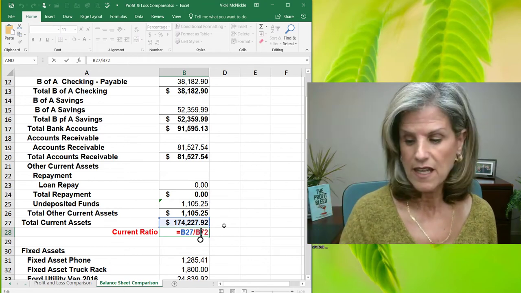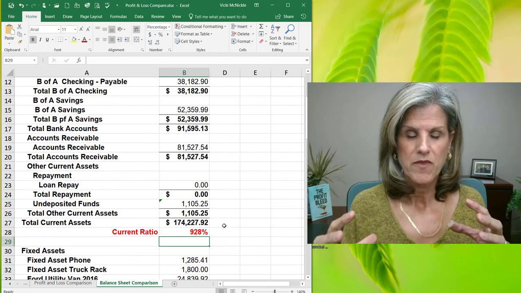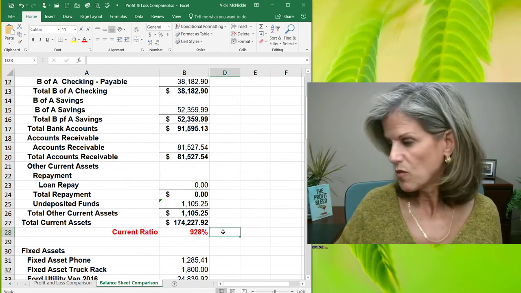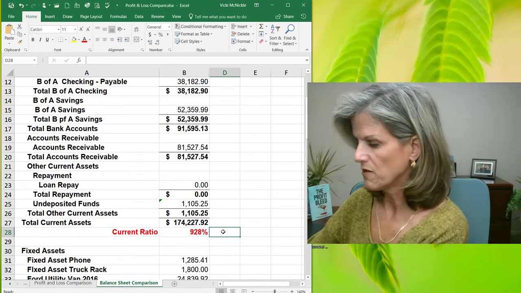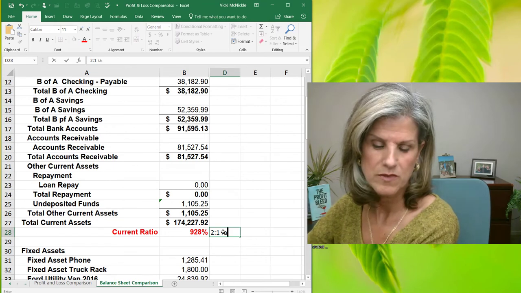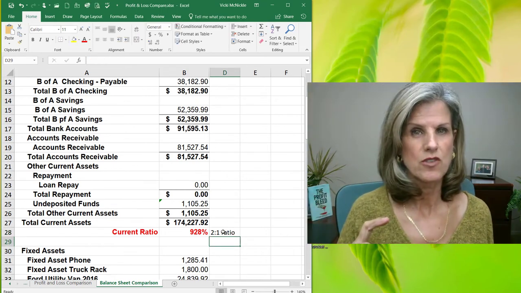So that's great. That's an indication that your business is cash healthy. And remember, the goal is a 2-to-1 ratio: twice as much current assets versus current liabilities.